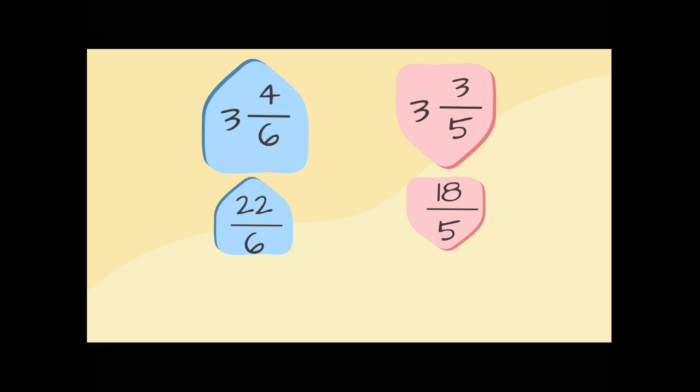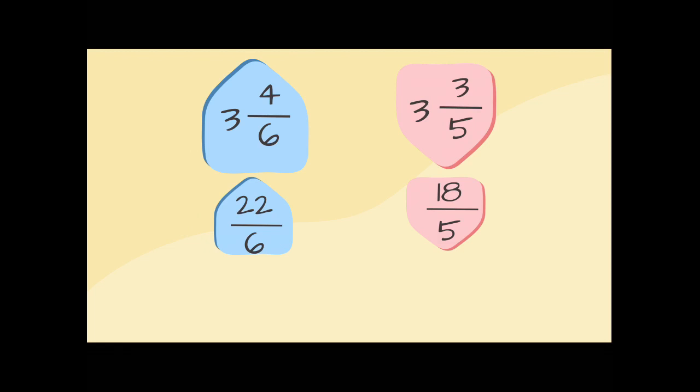Okay, so hopefully you got this, and now we're going to compare the denominators. So the denominators are not equal. So we have to figure out the least common denominator between them. The way to do this is to find a number they both go into. So 5 and 6 both go into 30.